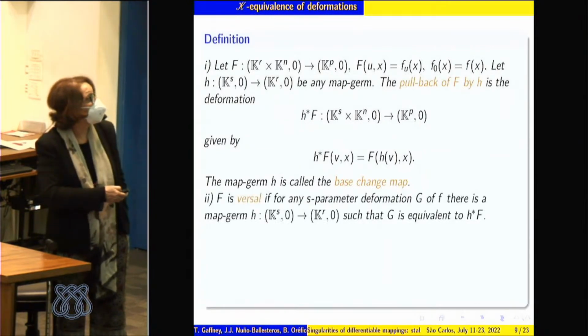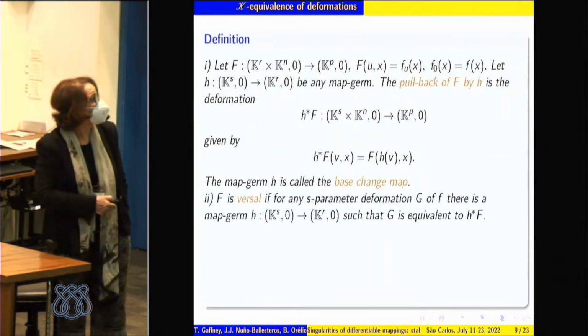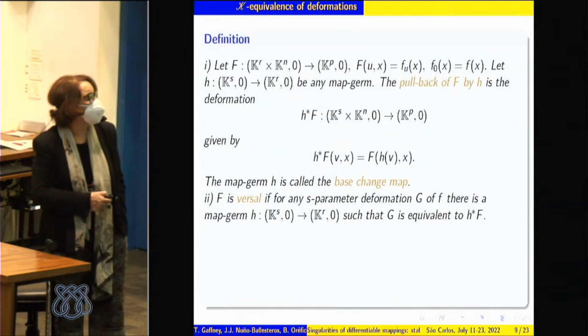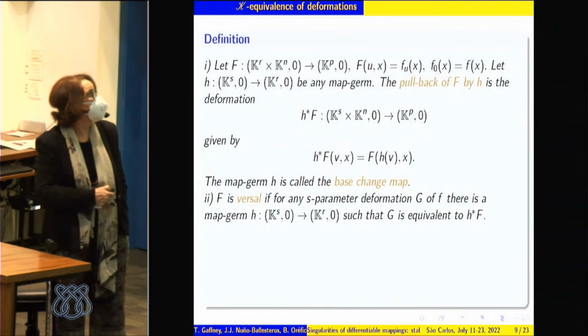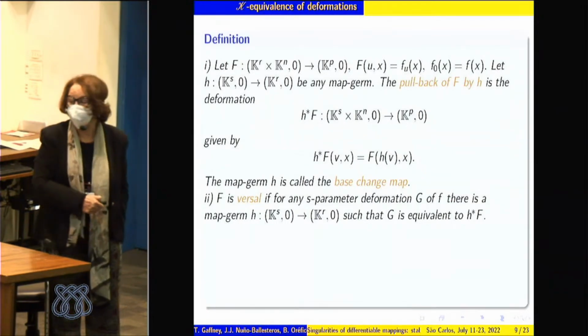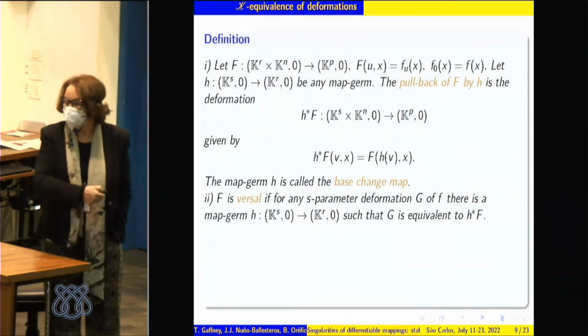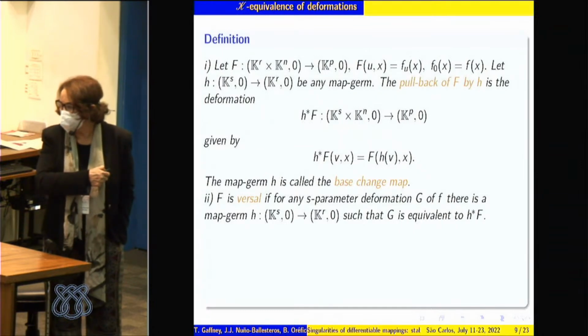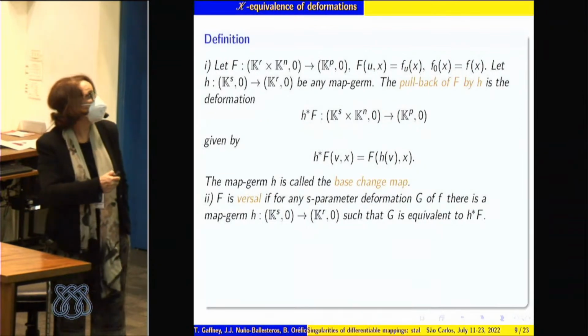So then we say that F is versal if for any s-parameter deformation G of f, there is a change of parameter such that G is equivalent to h*F in the way I explained to you in the finite model before, right?